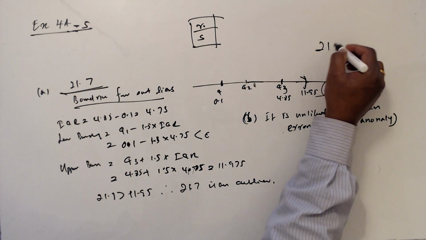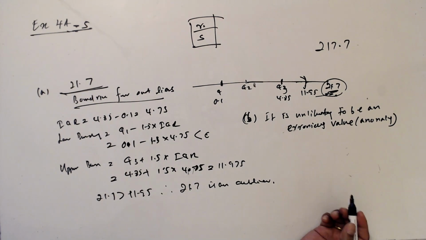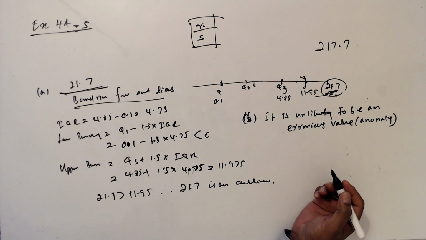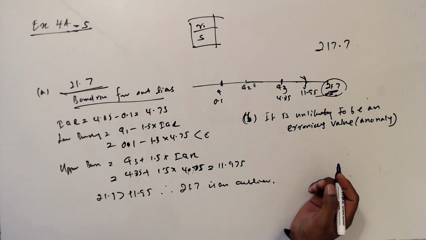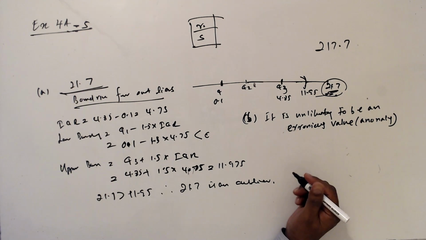If we saw something like 217.7, yeah, it could be a recording error. But now it is unlikely to be an erroneous value. So if it's not an erroneous value, then it is actual data. Actual data should be in the distribution.